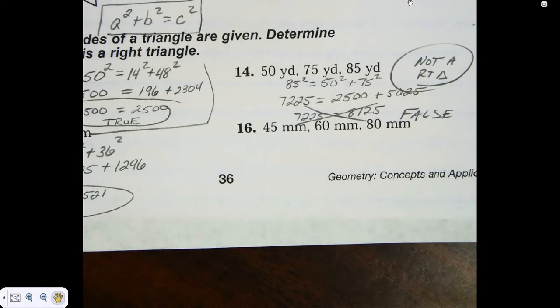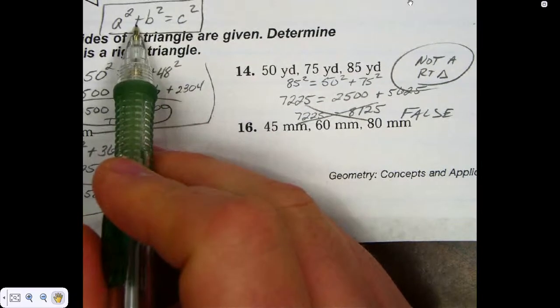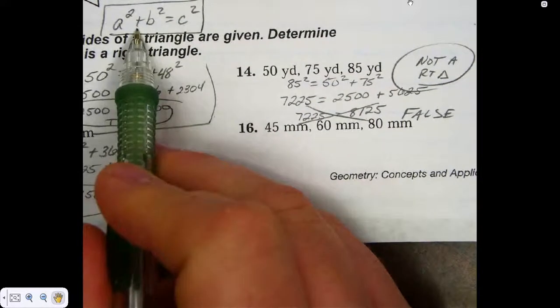Well, you can't tell that. What you can tell is whether it's acute or whether it's obtuse. Actually, it's acute. If C squared is smaller than A squared plus B squared, it's acute.